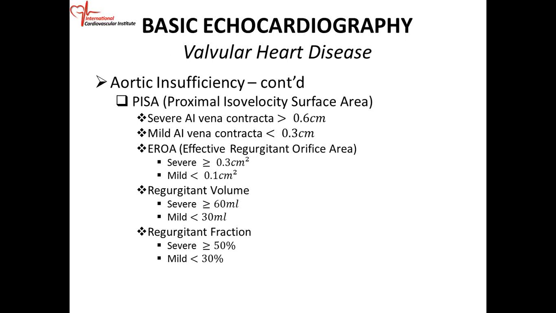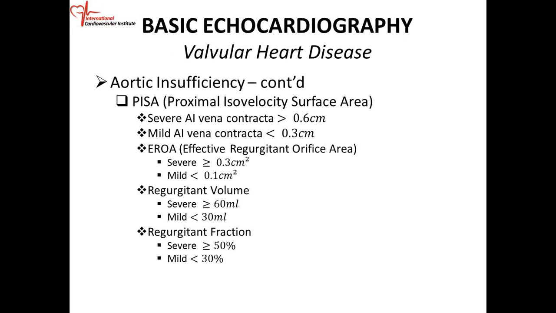From PISA, we can also calculate the regurgitant volume. Remember, we showed you how to do that. If the regurgitant volume is greater than 60 mLs, it suggests severe AI. If it's less than 30 mLs, it suggests mild. And then regurgitant fraction.